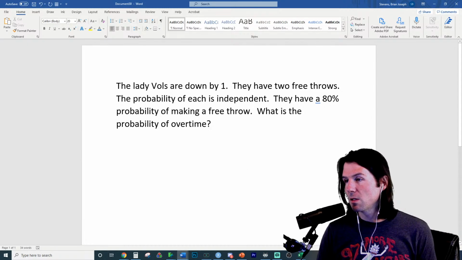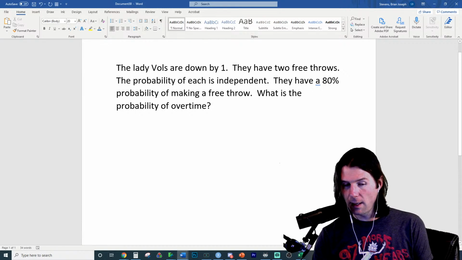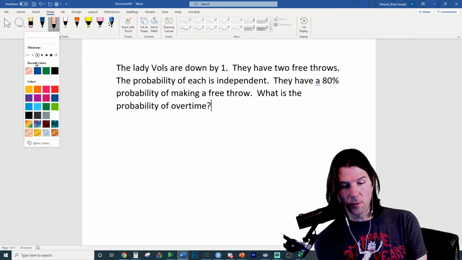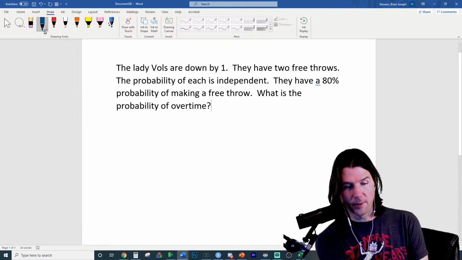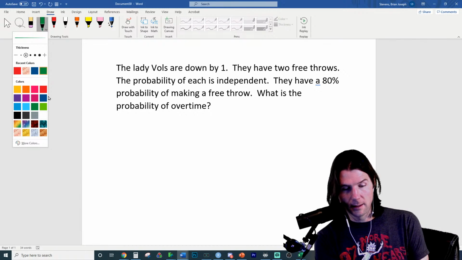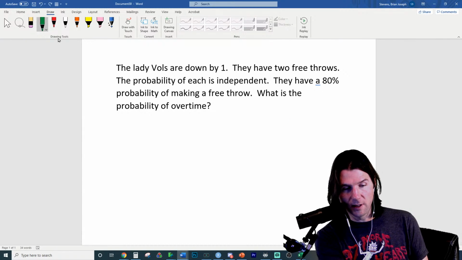Okay, so let's think about this scenario right here and graph it out. There are 4 possible things that could happen. Tell me the one that I'm missing that we hope would not happen. I'm drawing out the 4 possibilities, and I'm going to leave 1 off.